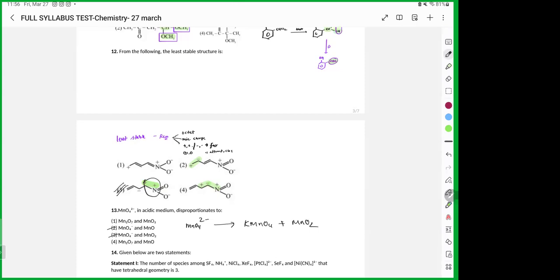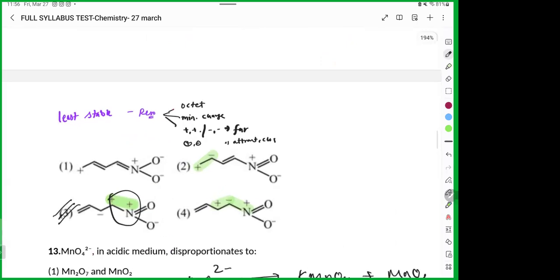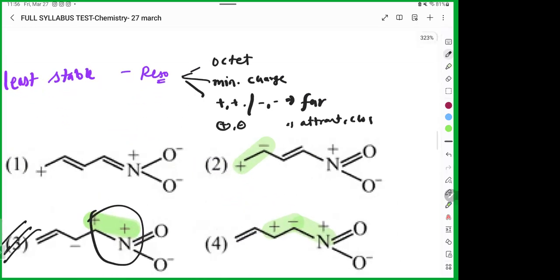Sir, for the question above, least stable for resonance, the last point. What is that, attract? The first point was that they should follow the octet rule. No sir, the second I understood, but the last, attract. Opposite charge, positive and negative, they attract, so they should be close to each other.